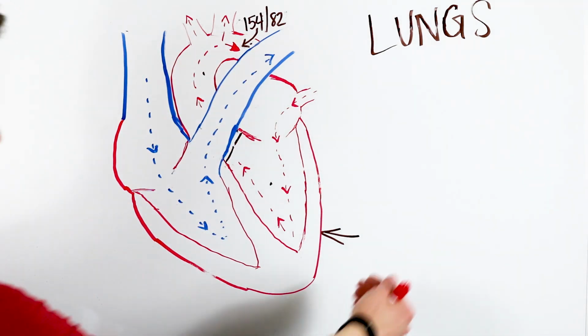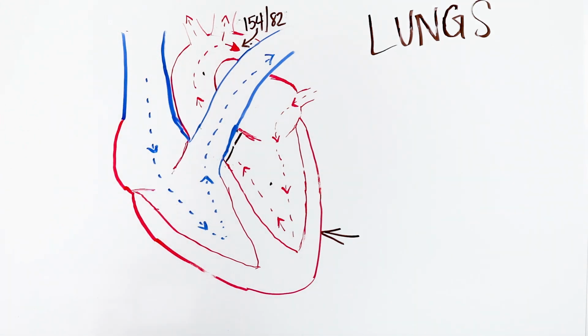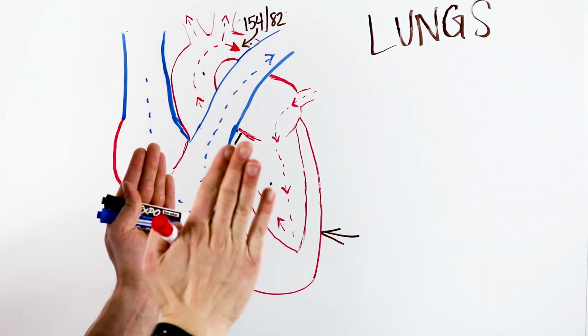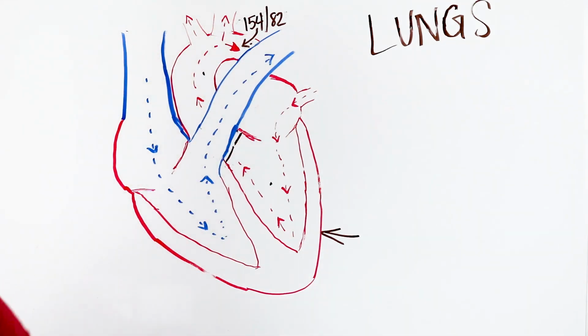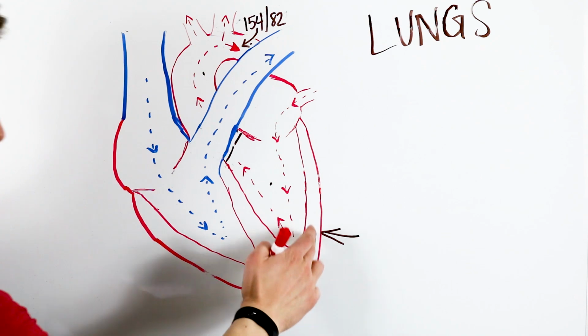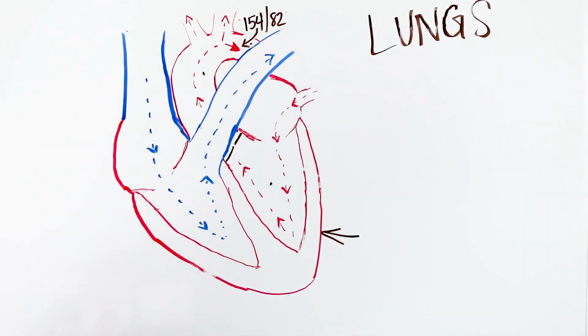That means that when it's contracting, it needs to produce 154 or more. Actually, it needs to be greater. It needs to be 155 millimeters of mercury of pressure, if you want to look at it that way, that can overcome this valve and lead to it opening so that the blood flow can go into your aorta and then to the rest of your body. And it needs to do that for every single beat of your heart.